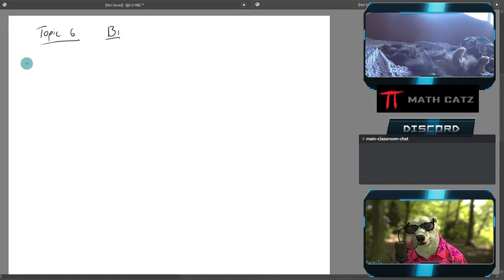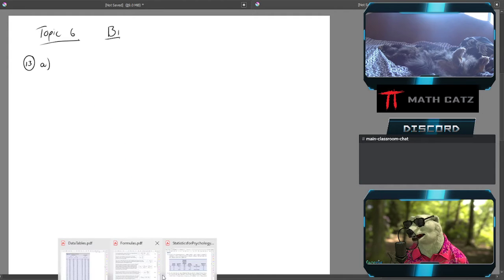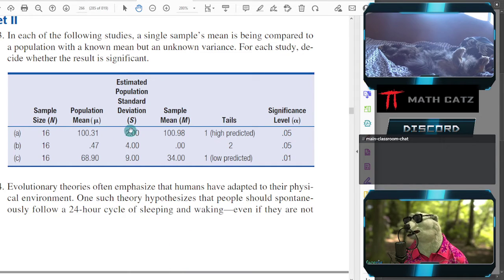So let's do here, number 13. A couple of questions. You see here the A1 gives me a sample size of 16. We have a population mean of 100.31. The calculations aren't shown. They've estimated the standard deviation at 2.